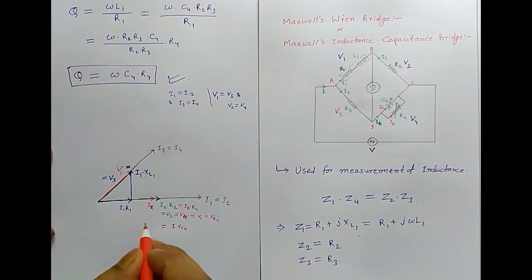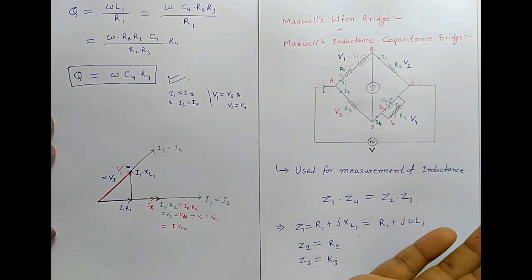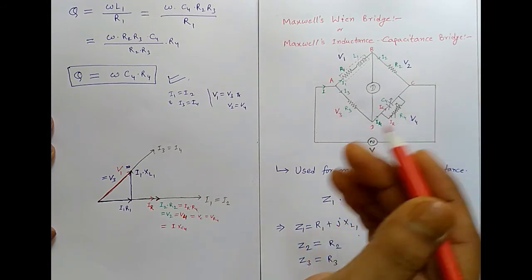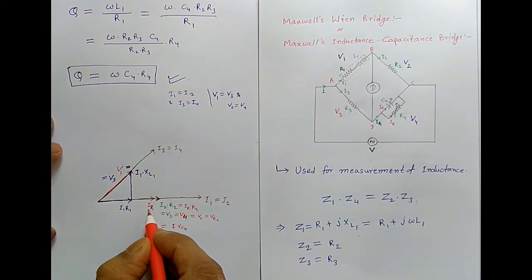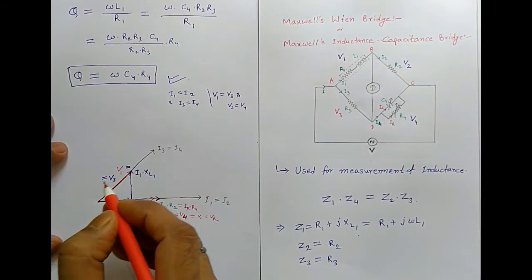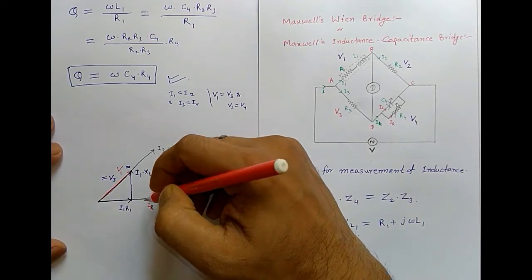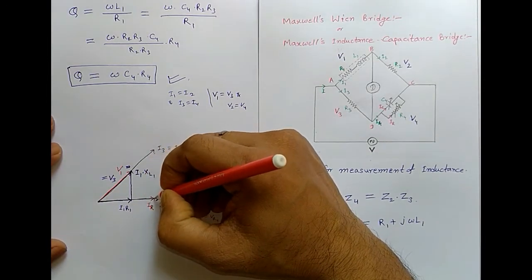Now if we know this is IR, where will IC be? Obviously the current leads in the capacitor by 90 degrees, so IC will be 90 degrees upward.